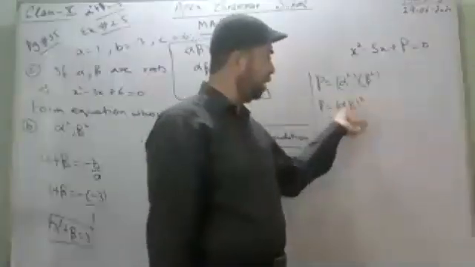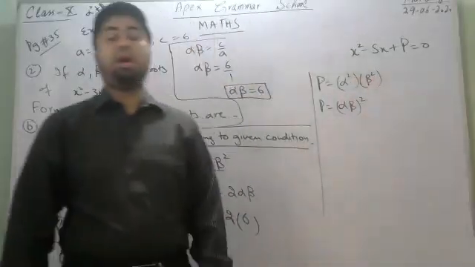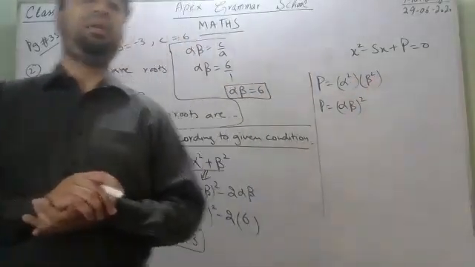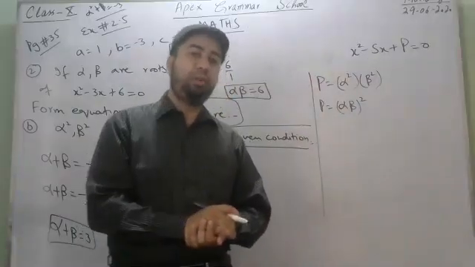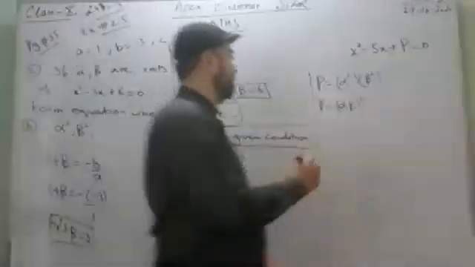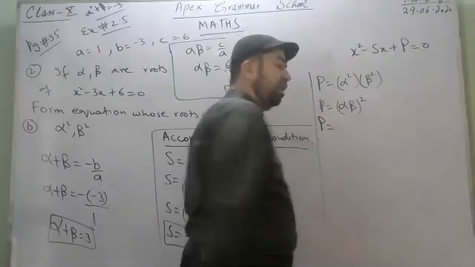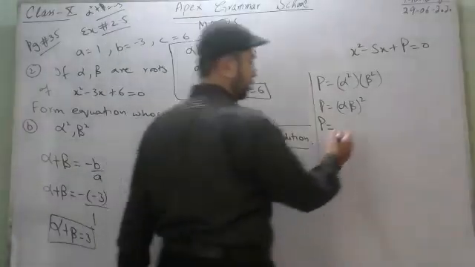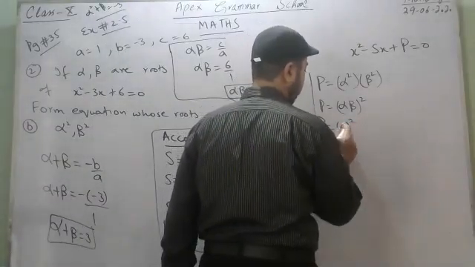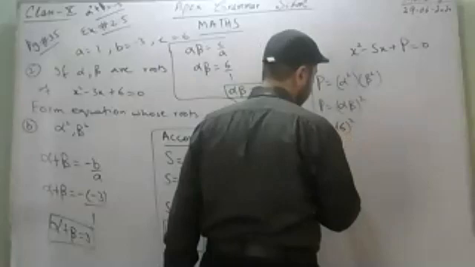You can also make the combined power if these two numbers are in fraction form, in divide form. So alpha beta we have is 6. 6 square means 36.